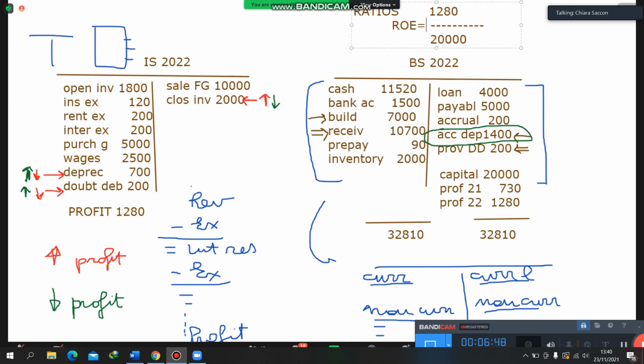Here, for example, let me see, we calculate, it is 6.4%, okay, if I'm not wrong.